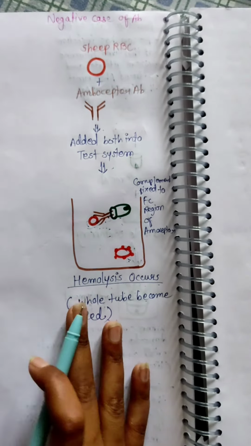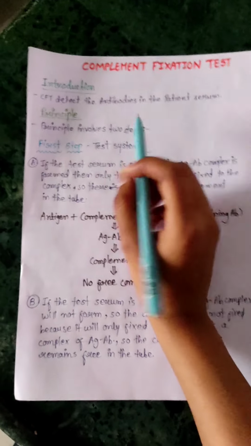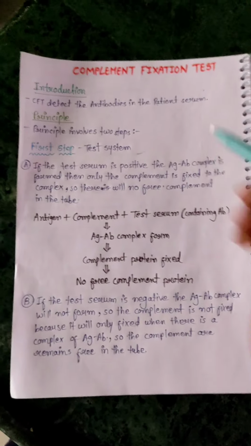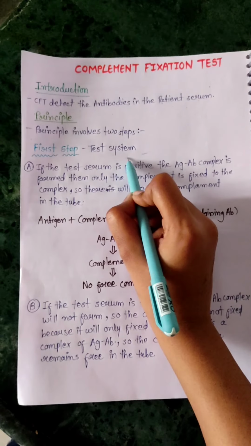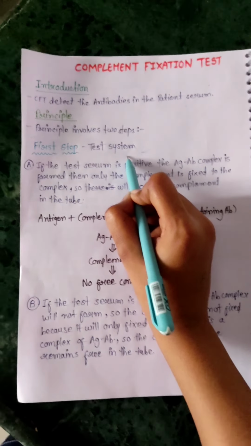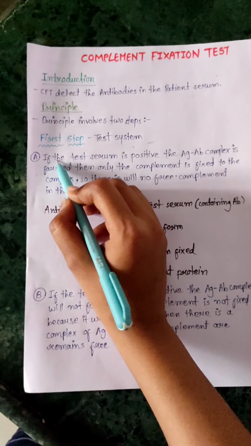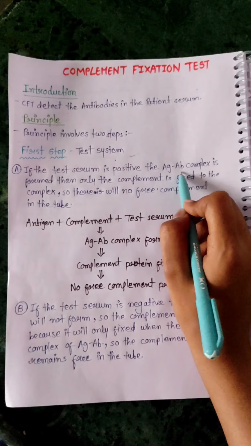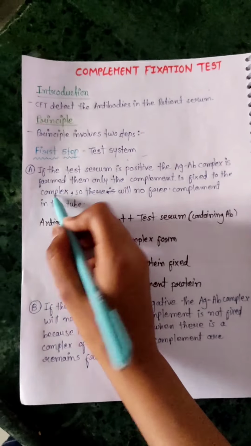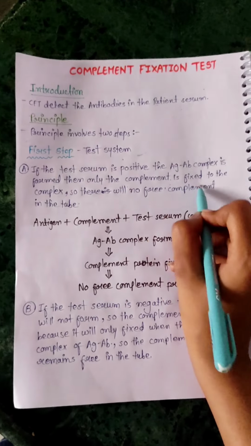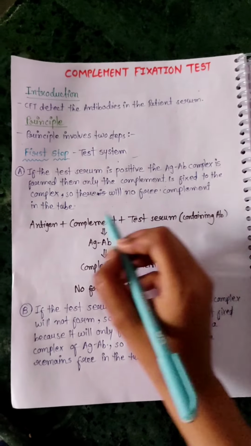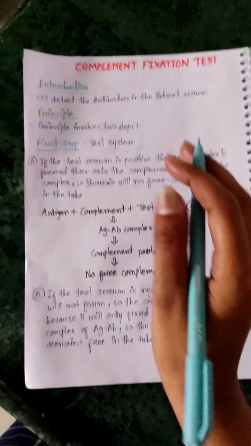And what is the discussion about it? Now, the complement fixation principle. The principle includes two steps. The first step is the test system and the other is the indicator system. In this, if the test system is positive, the antigen-antibody complex is formed and then the complement is fixed to the complex, so there is no free complement in the tube.